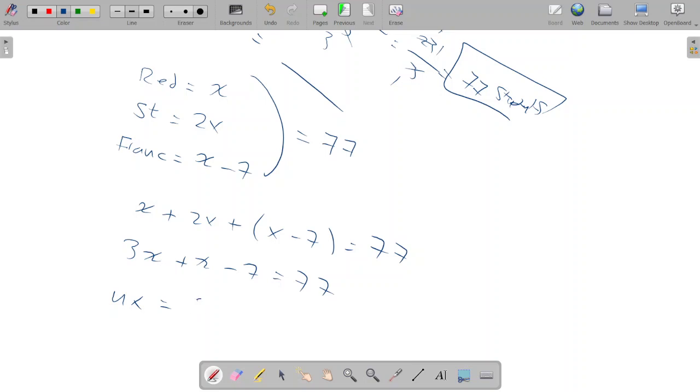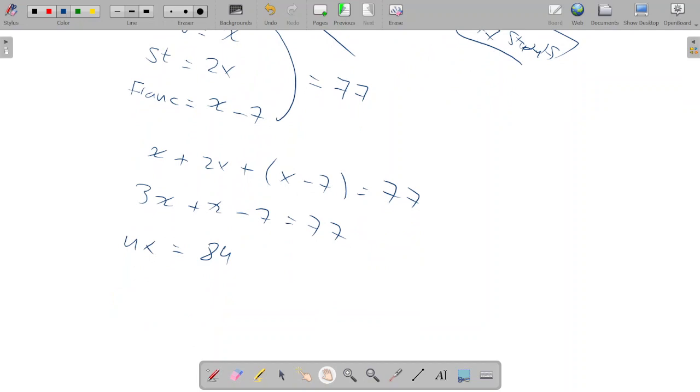we're going to add 8, it's going to be 84. So x will be equal to 84 over 4. We divide by 4, we have 21. So x is going to be equal to 21.